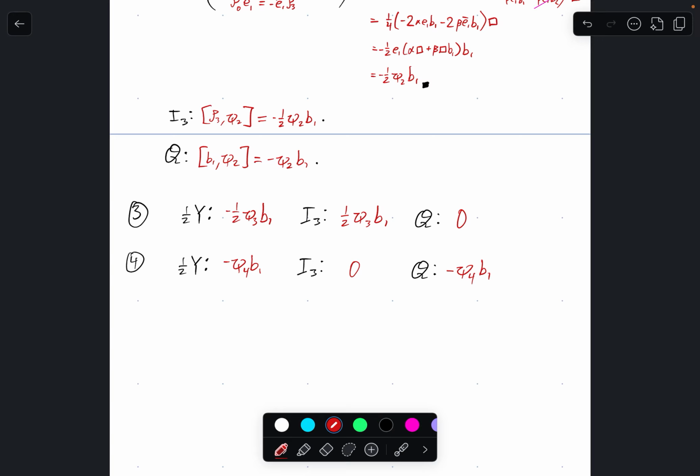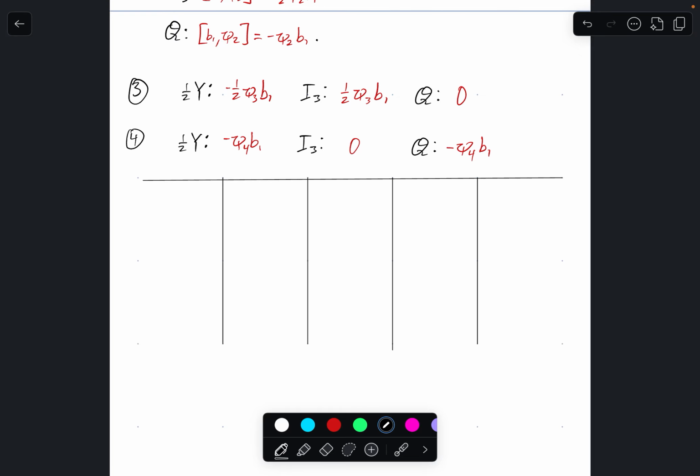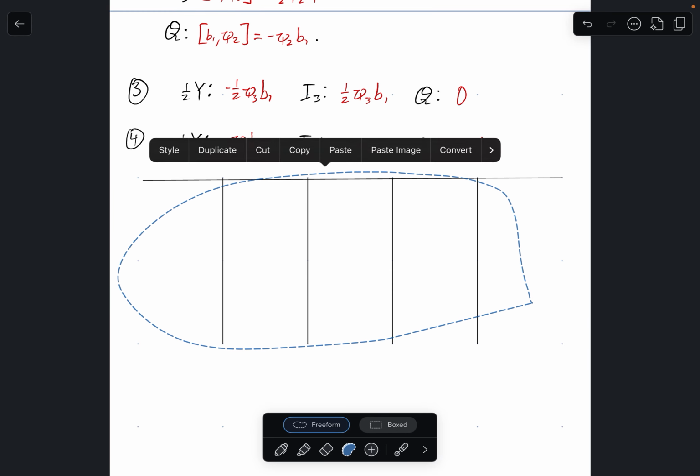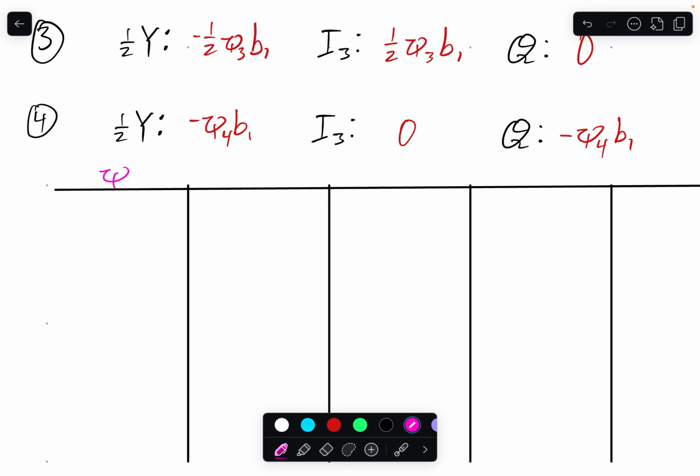So now let's make a table. Kind of a bad table, but here we're going to have our values of C. Here we're going to have our hypercharge values.